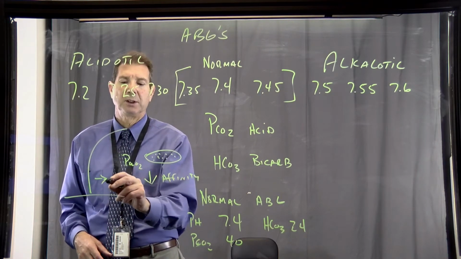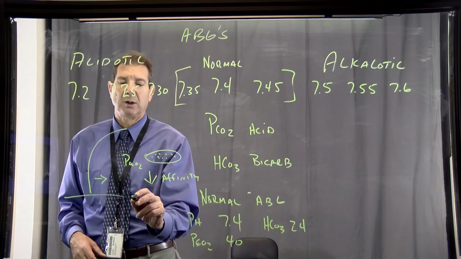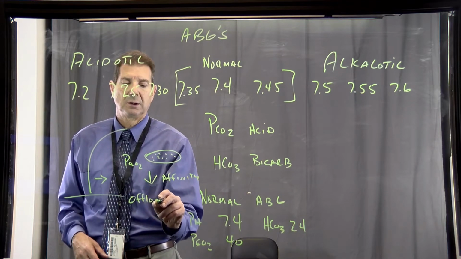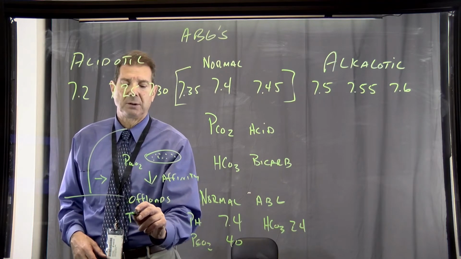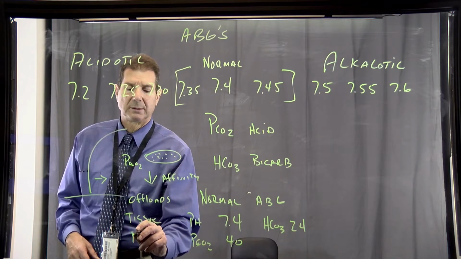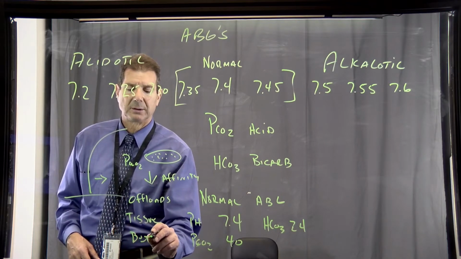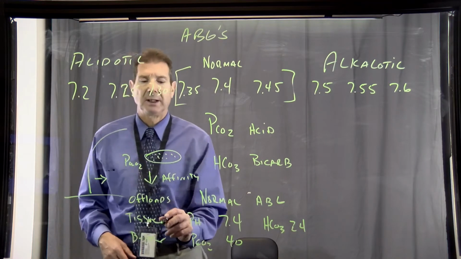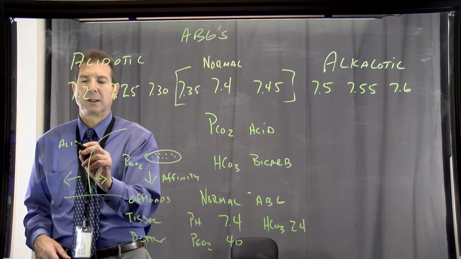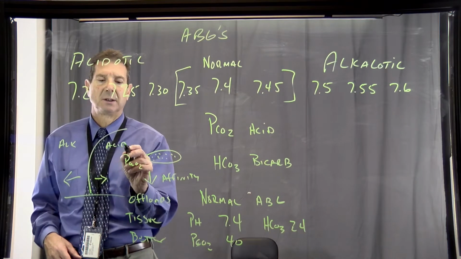Decreased affinity when it shifts to the right, but it offloads at the tissue level more readily, better. That's a shift to the right. If it shifts to the left, now you're alkalotic. That's alkalotic. This is acidotic.